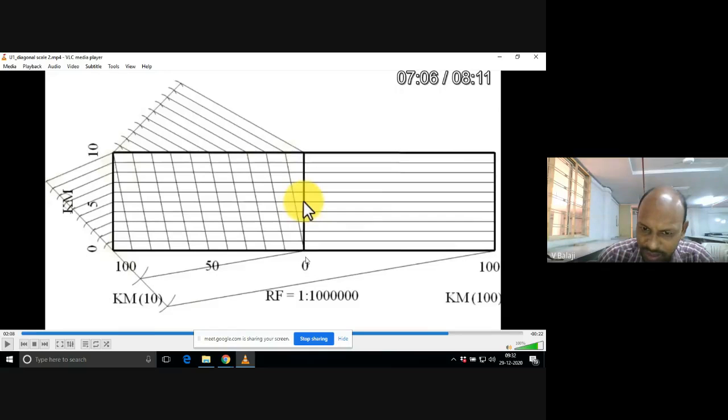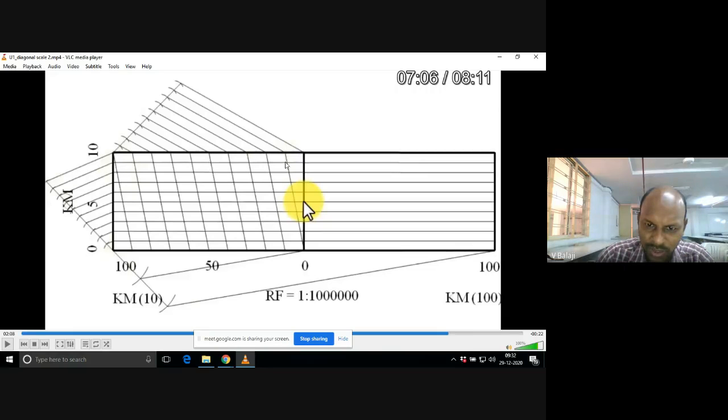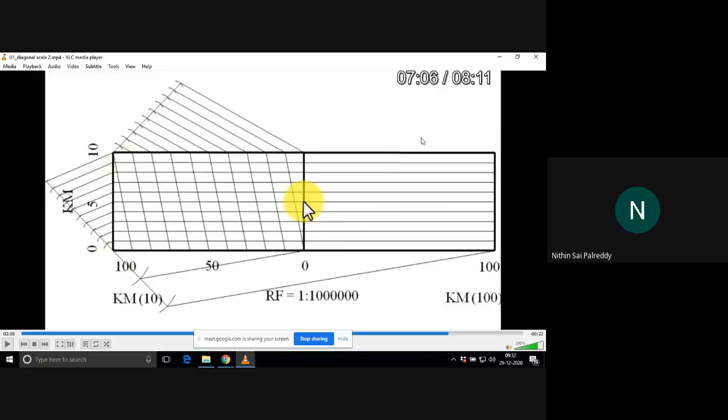So along this first diagonal line from 0, if you go up to the ninth horizontal line, this is the ninth kilometer. If you mark this point here, this could be your final extension line. In between these two, you will get 109 kilometers.